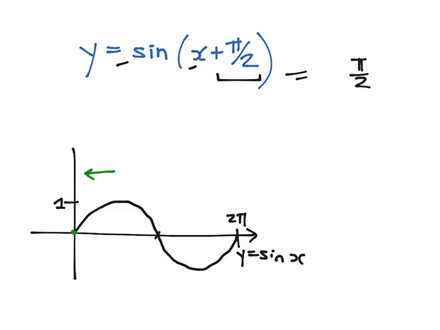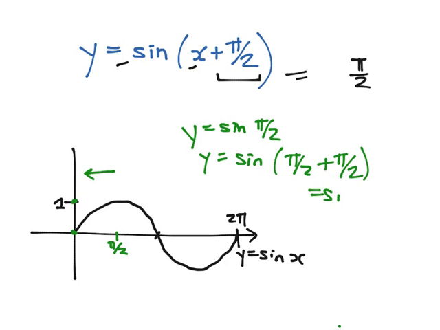At 0, we have y is equal to sine pi over 2. So our new y value at 0 is 1. At pi over 2, we have y is equal to sine of pi over 2 plus pi over 2.